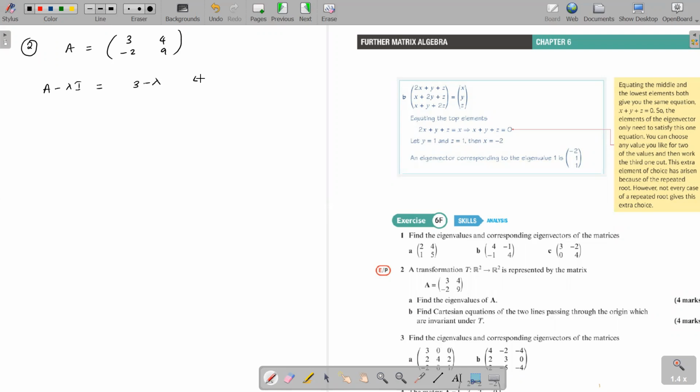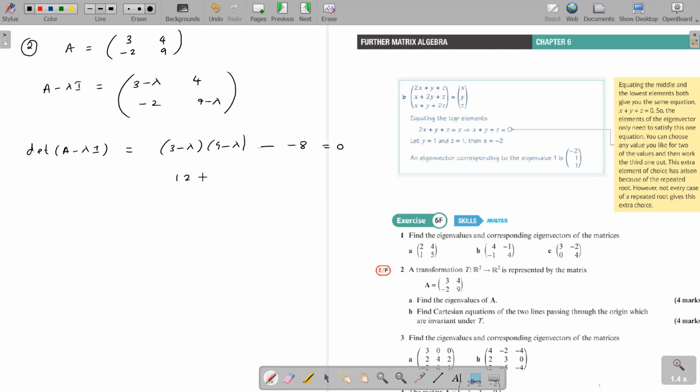It's (3 minus lambda, -2; 4, 9 minus lambda), right? Directly, the determinant of A minus lambda I will be 3 minus lambda times 9 minus lambda, minus -2 times 4, which is plus 8. Are you with me? And we make it equal to 0.